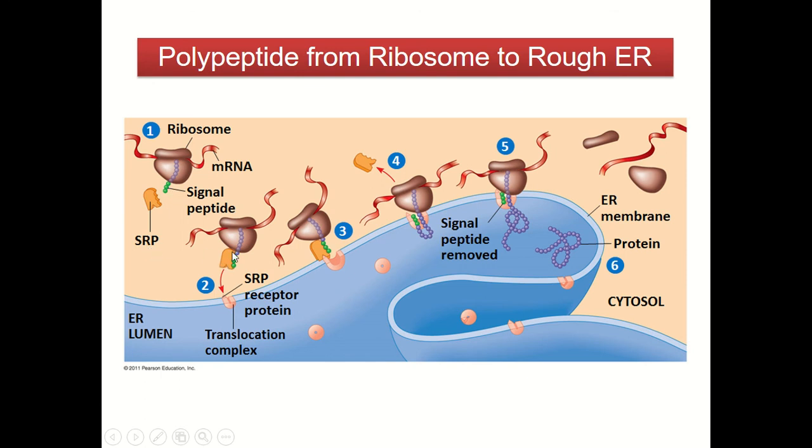So the SRP will bind to the signal peptide, and then this SRP will bind to the SRP receptor protein, and then they will translocate and bring the polypeptide chain or amino acid chain to this translocation complex. Okay, and then the signal peptide will be removed and the protein will be released into the endoplasmic reticulum.